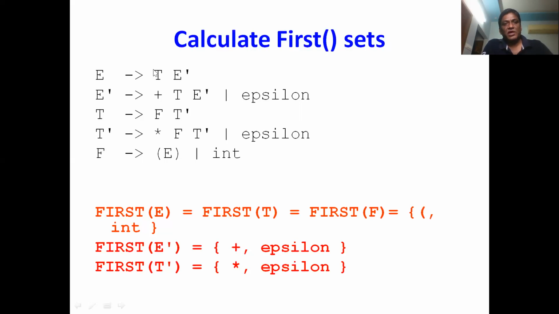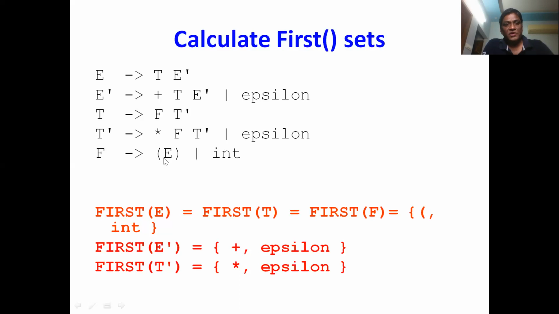First of T. And what is first of T? First of T is first of F. And what is first of F? Now, listen carefully. First of F is the first terminal on RHS. This is a terminal, and there is another production where int is also a terminal.